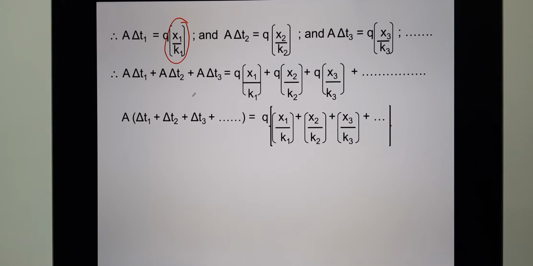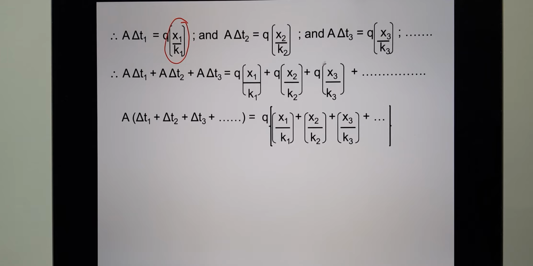Then since the area for the calculation of heat transfer is at the same value, you can take out the area and just sum up the delta T. The value of delta T equals to Q, because the value for the Q is the same, times x1 over k1 plus x2 over k2 plus x3 over k3.